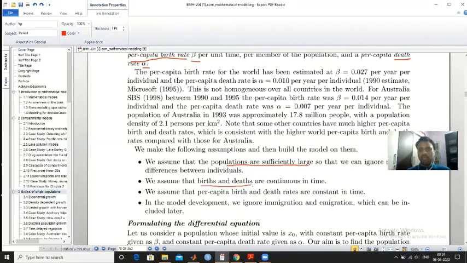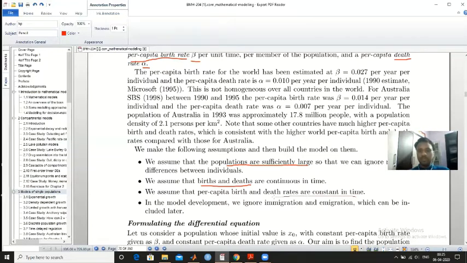That's clear because we are dealing with differential equations, and these differential equations assume these variables are continuous. Otherwise, if they are not continuous, then the derivative for these variables will not exist.